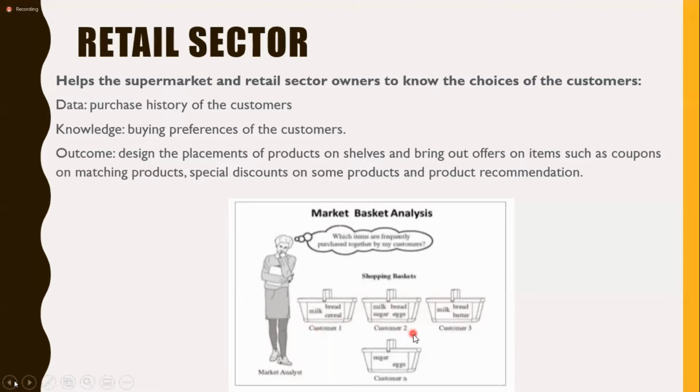Customer 2 bought milk, sugar, bread, eggs. Similarly, customer 3 bought milk, bread, butter. Similarly, customer N bought sugar and eggs. So this would be the data, and mining can be performed on this data to extract the buying preferences of the customers. Most frequently purchased items together, that can be known.